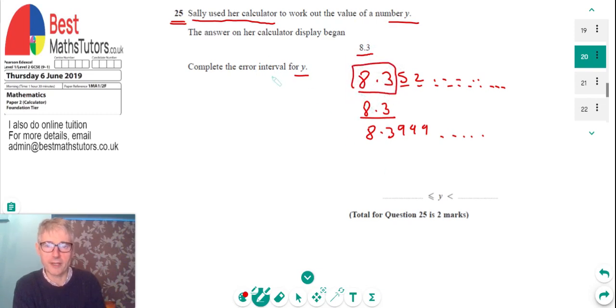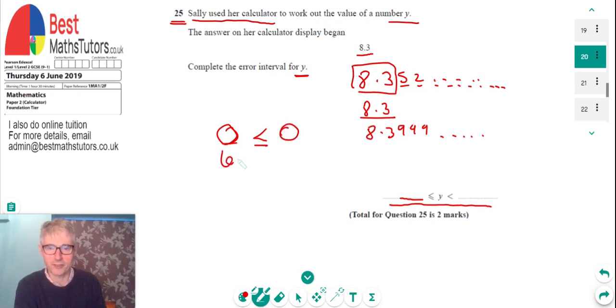So it's asked us to do the error interval for y. And it gives us a little bit of a clue here, it's saying write down the lowest value that y could be, which is here, because this symbol means we're writing that the number here is less than or equal to the number that's here.